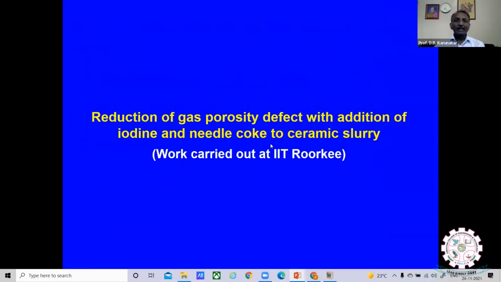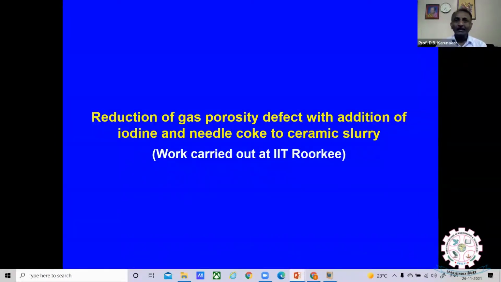Now, reduction of gas porosity defect with addition of iodine and needle coke to ceramic slurry. This is the work carried out in our laboratory at IIT Roorkee. So we have identified the challenges. People have added nylon fibers to the secondary slurry. The UK team and the Chinese team have added this needle coke after the nylon fibers.